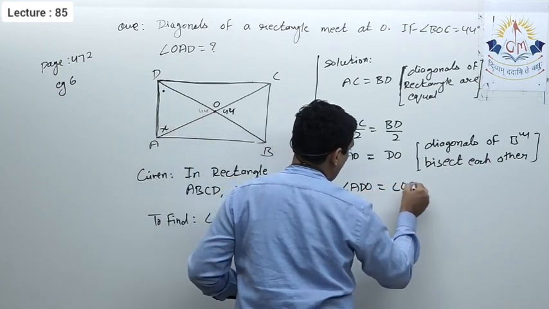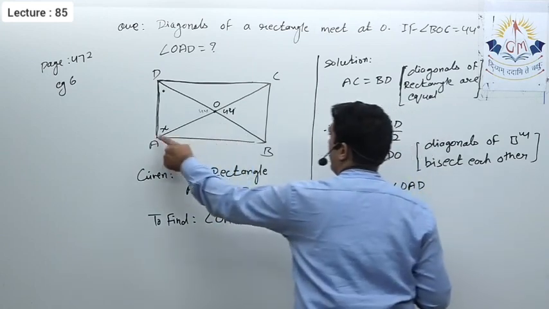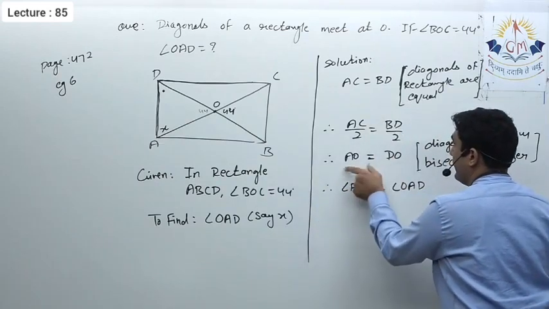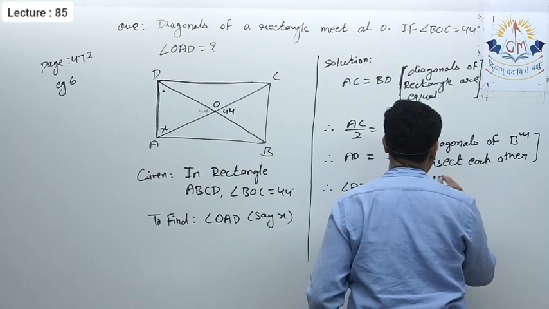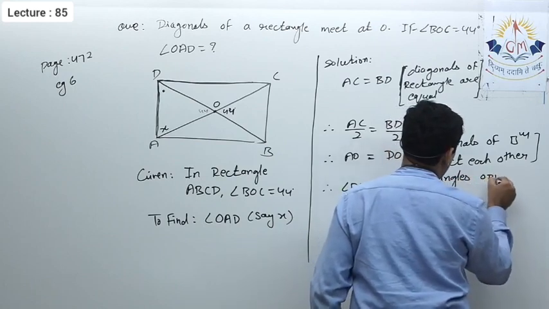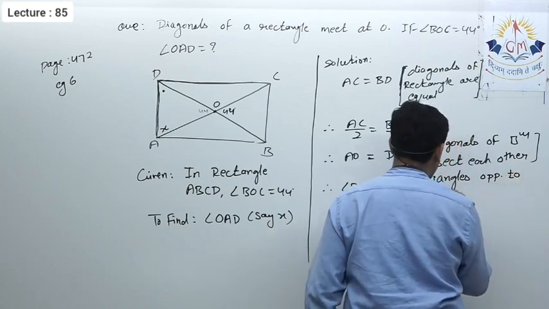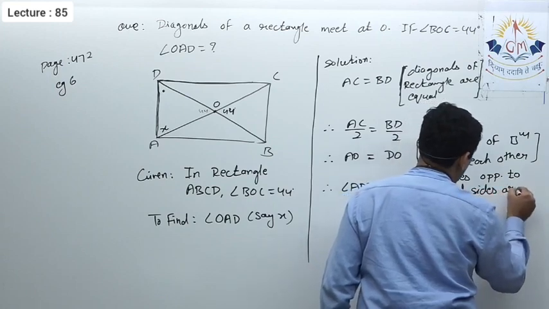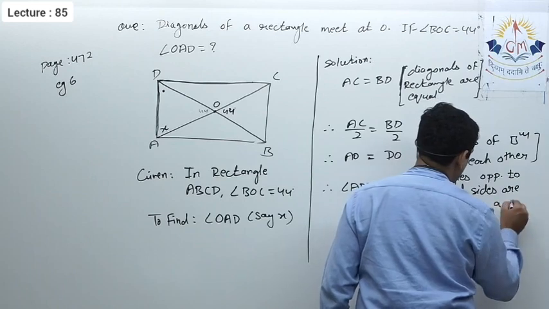Why? Because in a triangle, if two sides are equal, the opposite angles are equal. Reason: angles opposite to equal sides are equal in a triangle.